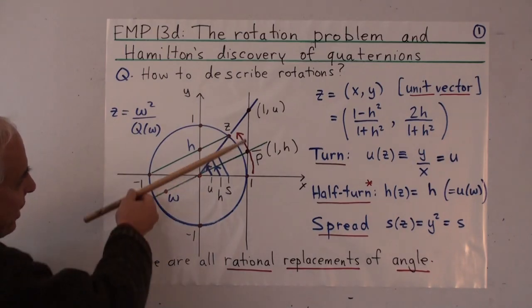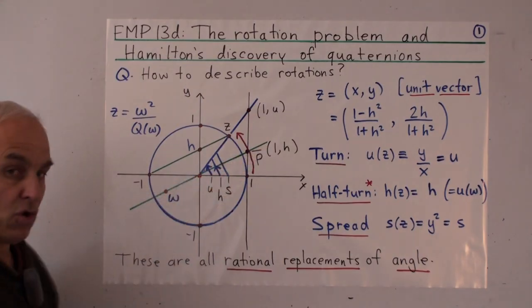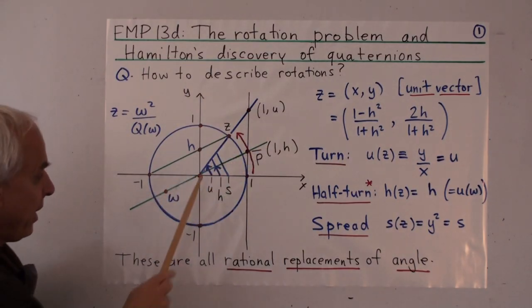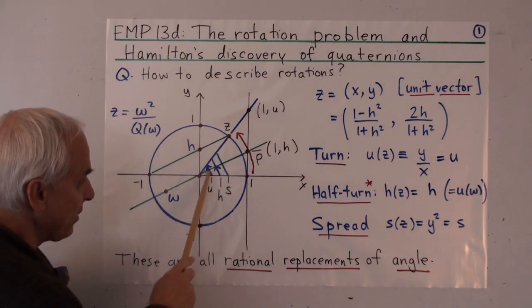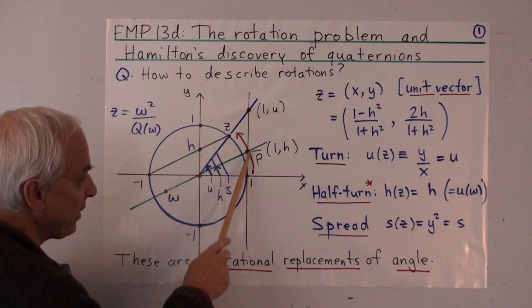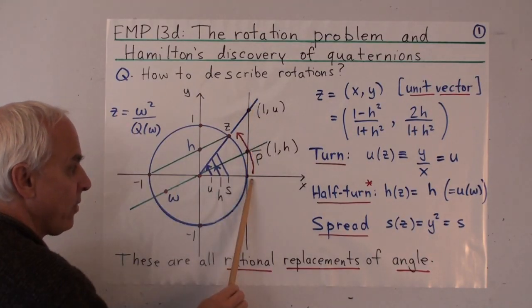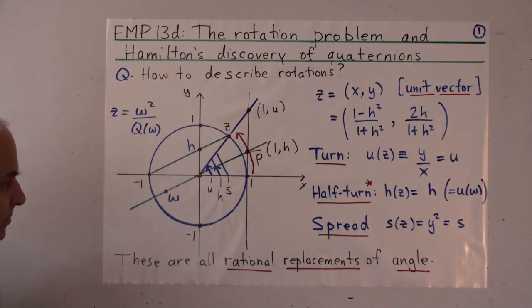I remind you that we could also translate this line so that it goes through the origin, in which case h can also be thought of as the y coordinate of the point where this line meets the vertical line x equals 1.